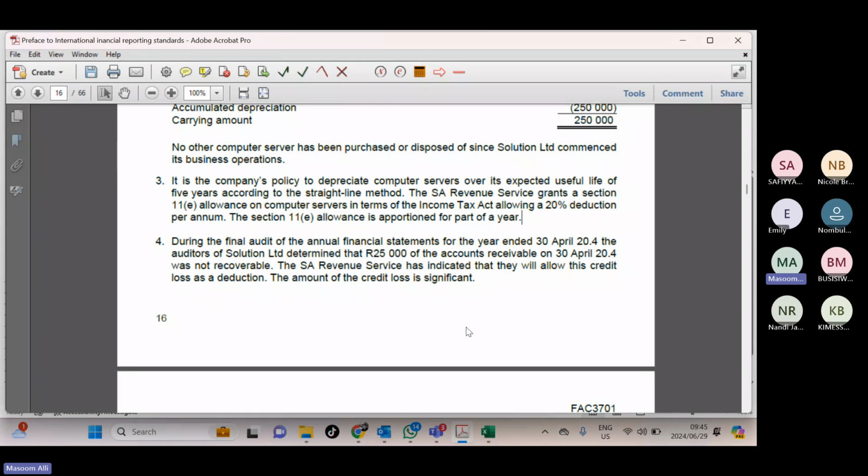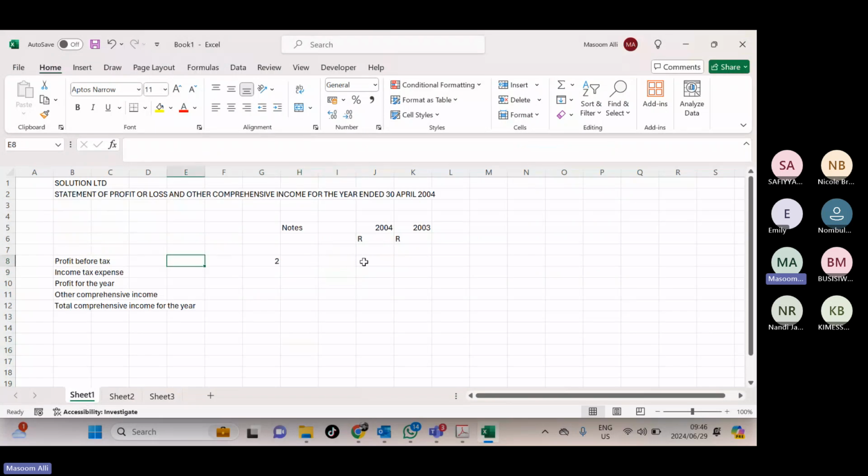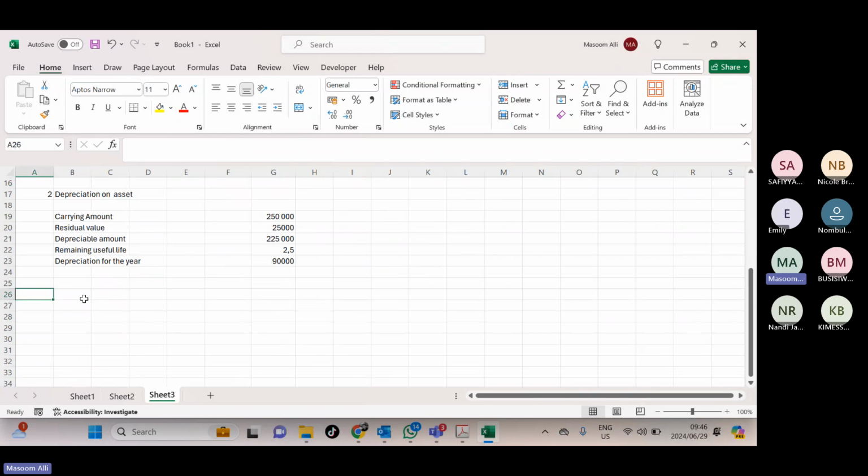And now from there, obviously, we can calculate our profit before tax on the statement of profit or loss and other comprehensive income, which is going to be, what was it? The amount that they gave. So let's say if we want to calculate our profit before tax, we can say profit before tax, given, depreciation, credit loss.